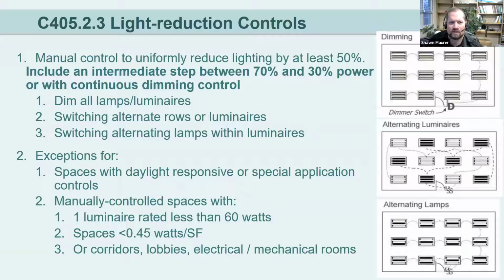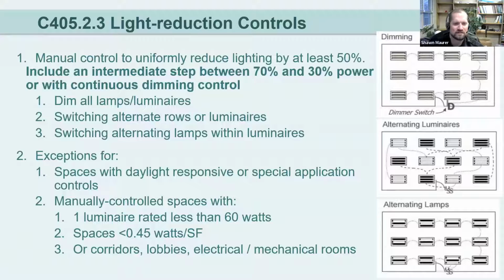Again, you can dim all the lamps and luminaires. You can switch off individual light fixtures or individual lamps as long as it's a uniform dimming of that space. But they have added in that 70 to 30% power step in there or continuous dimming that brings the IECC into alignment with ASHRAE 90.1. The exceptions here are unchanged from the 2018 IECC.